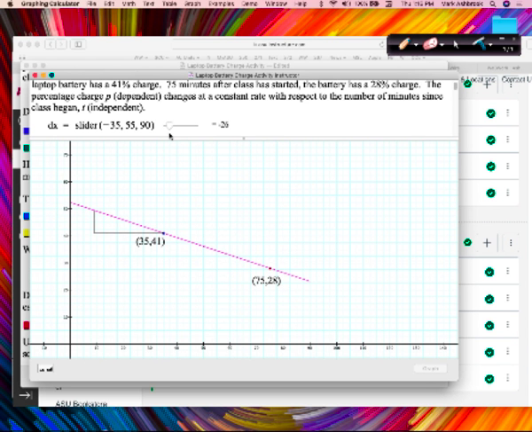It's showing some variation in time from the 35-minute mark. For any given variation in time, is that the horizontal or vertical? That's the horizontal. For any variation in time from 35 minutes, that's the horizontal. The corresponding battery variation is shown by the vertical.